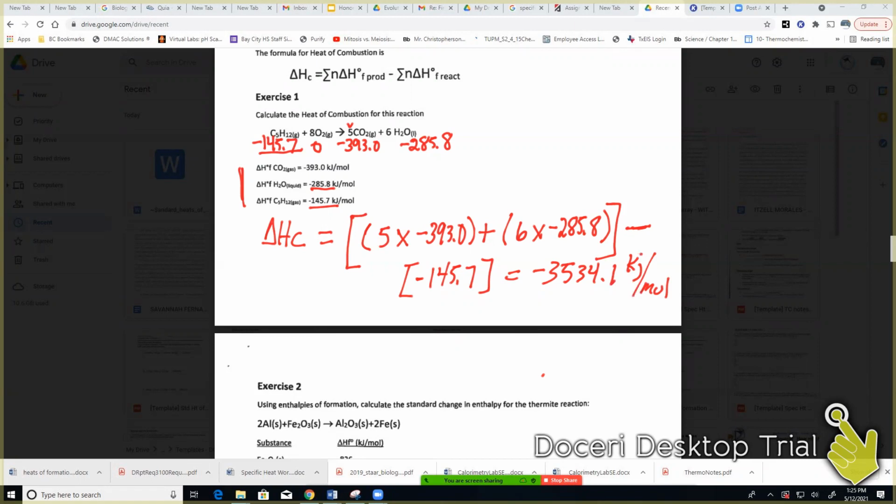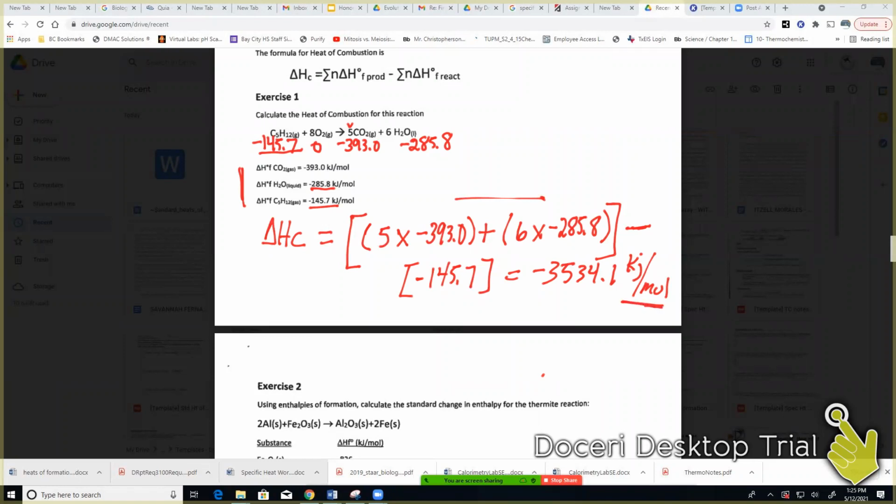So I got negative 3,534.1. The reason it's that 0.1 is because at the very end, you're subtracting all of this from that, and it's places past the decimal. If you would have put negative 3,534, you'd have been fine, okay? Because I'm giving a little leeway on this. The units are kilojoules per mole.